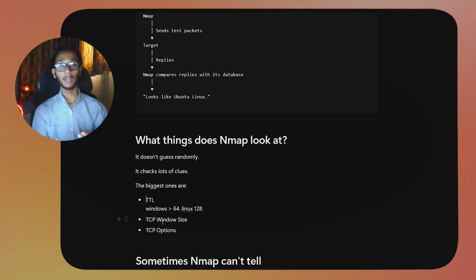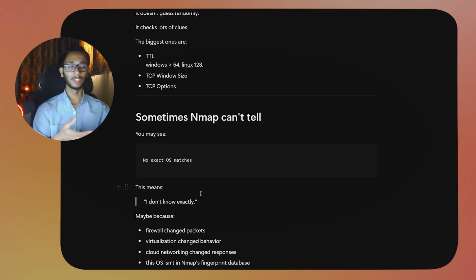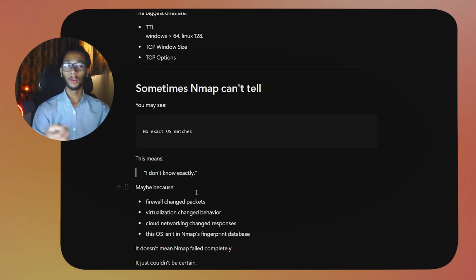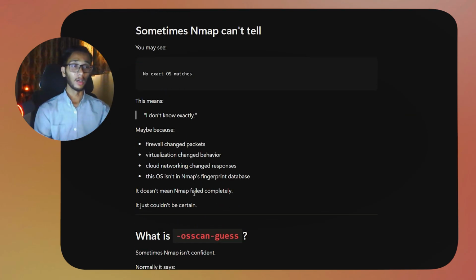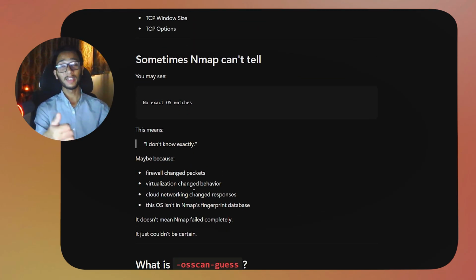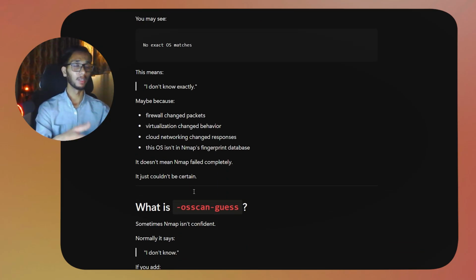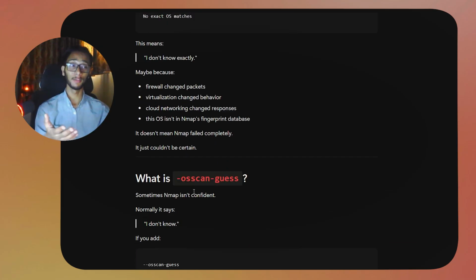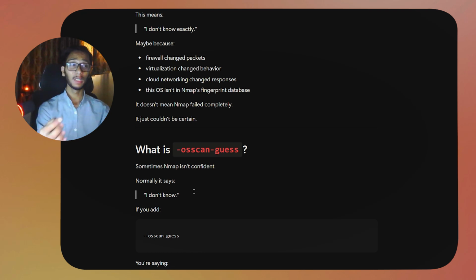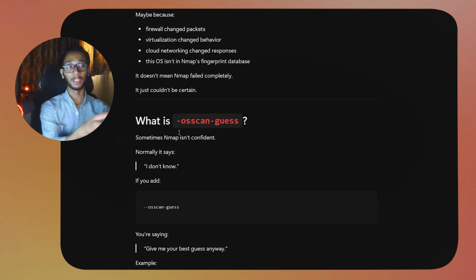And sometimes Nmap cannot tell you what operating system it is for whatever reason, like a firewall or some other reason. It's not because the operating system can fail or Nmap fails, but it did not get enough information. So what we do next is we have another option over here, the operating system guess.